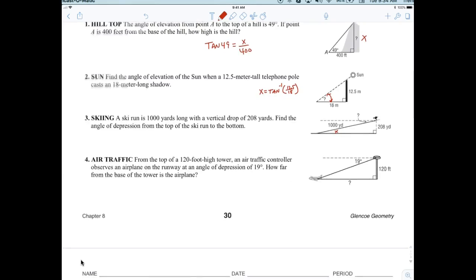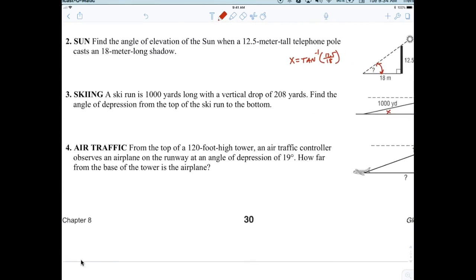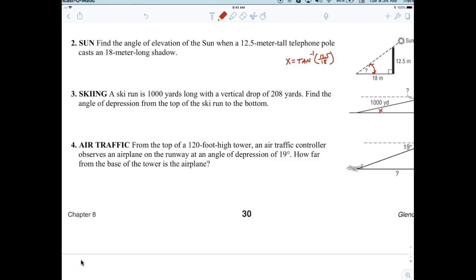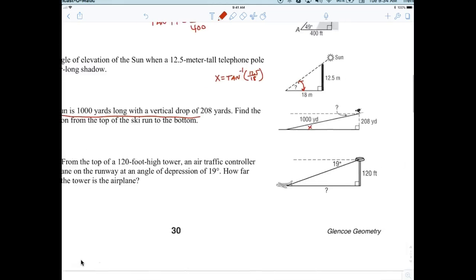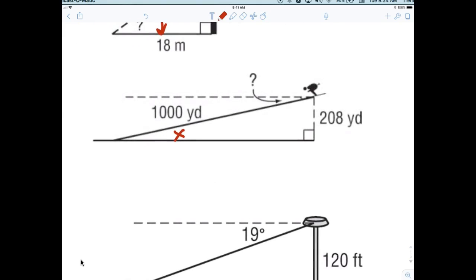Hypotenuse and hypotenuse. Now, that's actually a good question, because that's where we should read the question, right? It says a ski run is 1,000 yards long. Does that make sense? So you're skiing down the mountain, from here to here was 1,000.